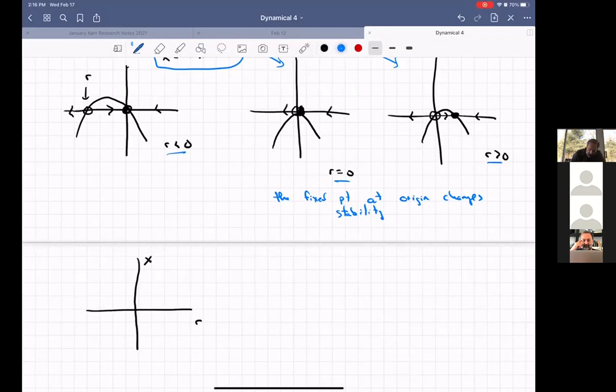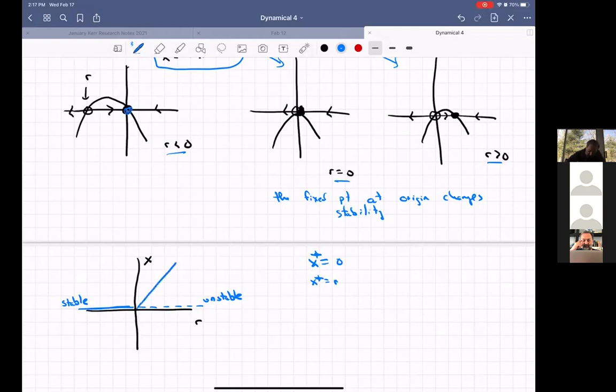And when r was negative, the origin was stable. See, the origin here is a stable fixed point when r is negative. The origin continues to be a fixed point for r positive, but it's unstable. So this dashed line means that the fixed point that's at the origin is unstable. And then my fixed points were at x star was 0 and x star was r, right? So x star equals r is a line.